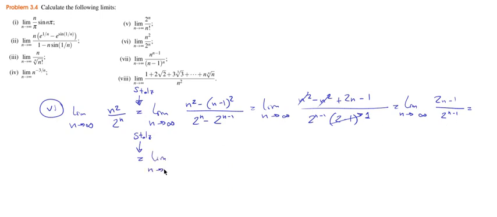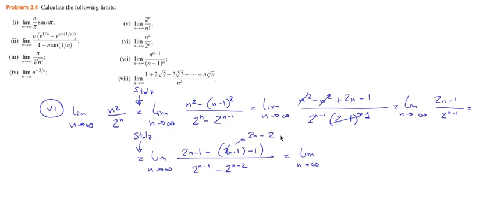So the limit when n goes to infinity of 2n minus 1 minus 2n minus 1 minus 1, and then 2 to the n minus 1 minus 2 to the n minus 2. So you have 2 to the n minus 2 minus 1.